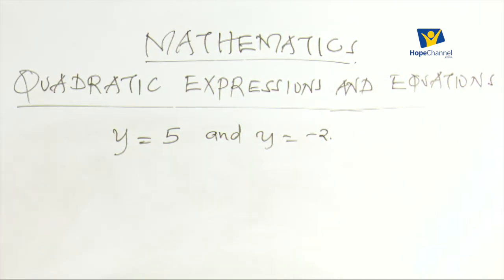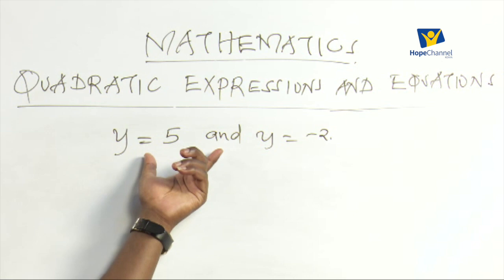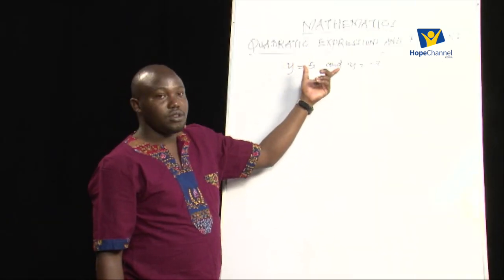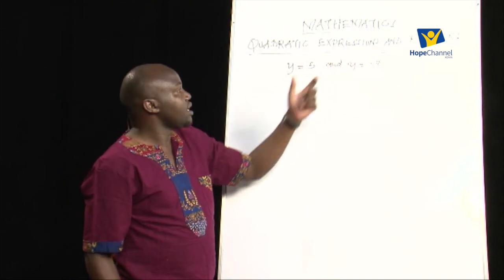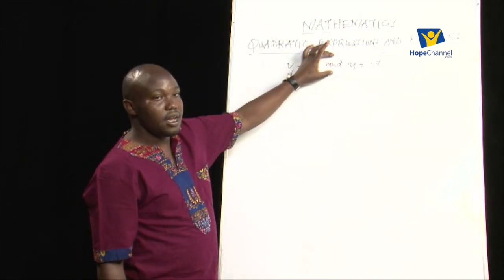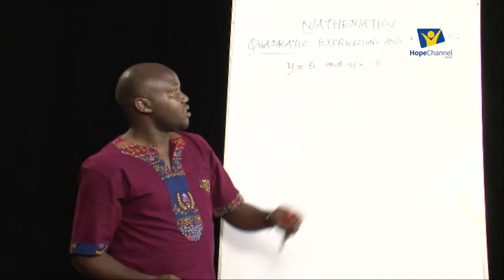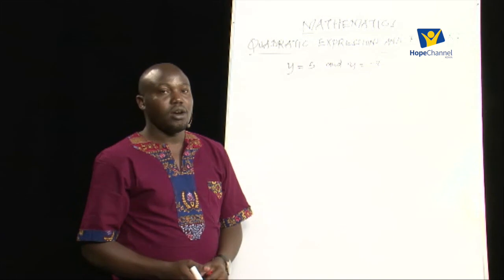I told you these are the roots, and you're supposed to form a quadratic equation from these roots. You remember that. So I'm just going to have a recap, then you go through what you did earlier and see if you got the right answer or not.